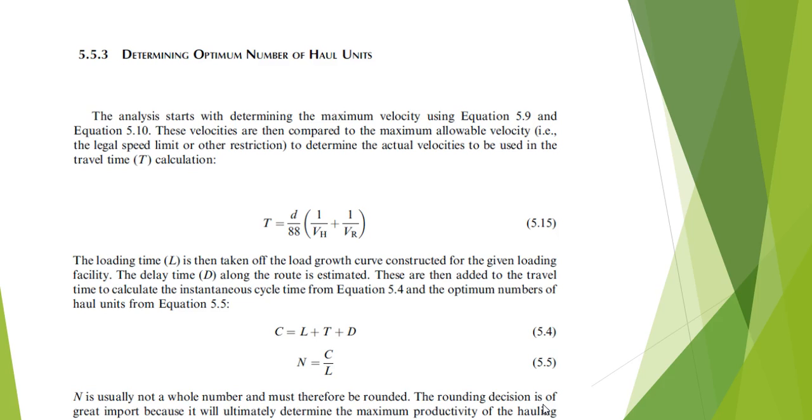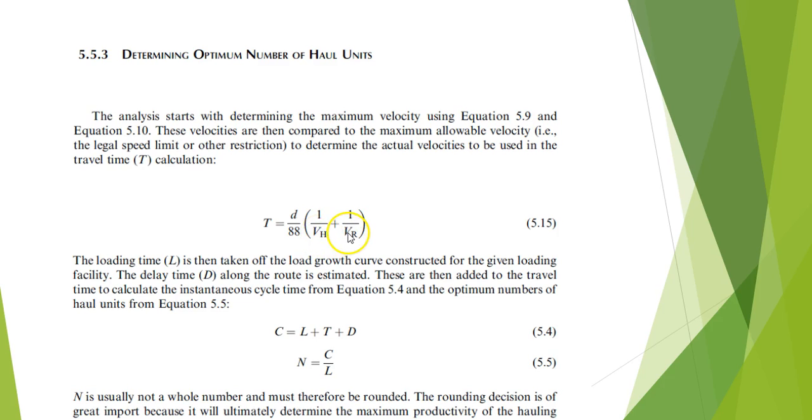So then you're going to use that constraint to determine the actual velocities to be used in the travel time calculation. And that 88 that you see in the equation is a conversion, right? 88 feet per second is the conversion to miles per hour, back and forth.